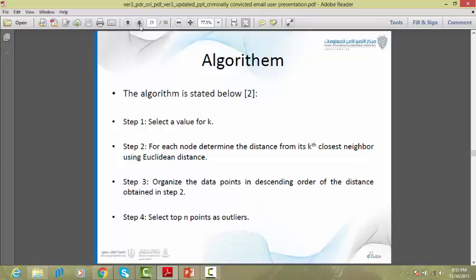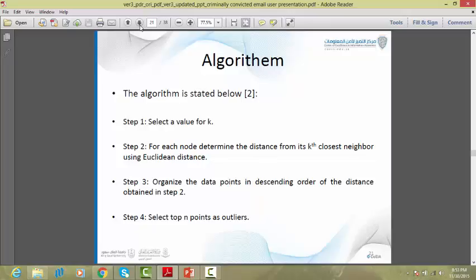For example, whatever data we have and whatever outliers we found, we will put them in decreasing order, and we will take the first 20 from that. Then the investigation agency can concentrate on those 20, and chances are that the criminal or the fraudulent user can be found from there.